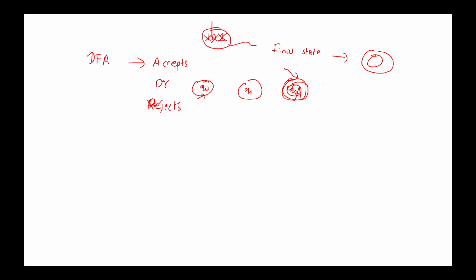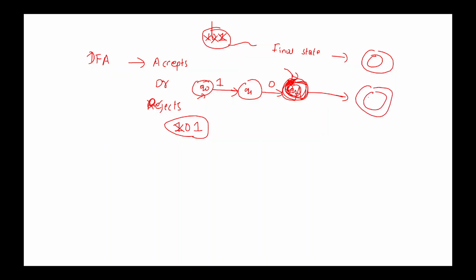Then we can say the string is accepted. Let's say you have one more state called q3, which is a normal state, not a final state.